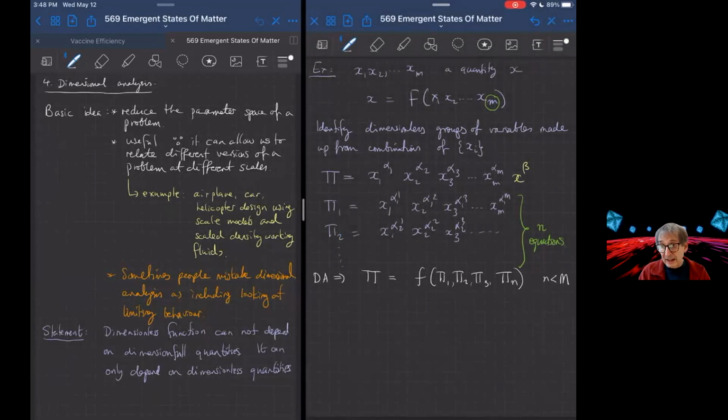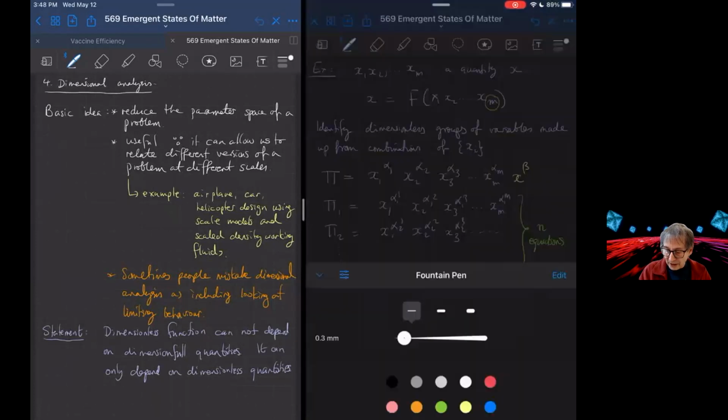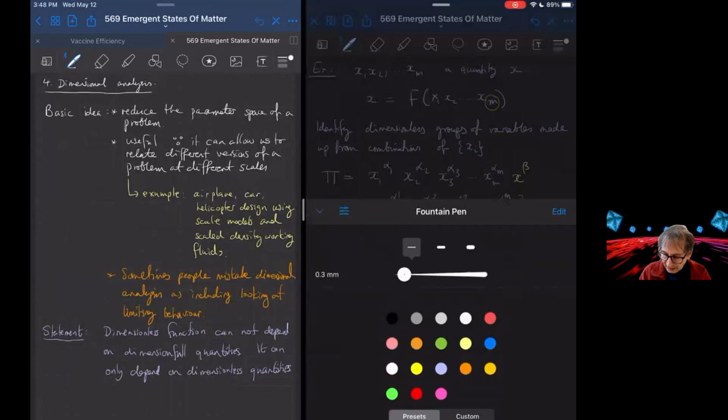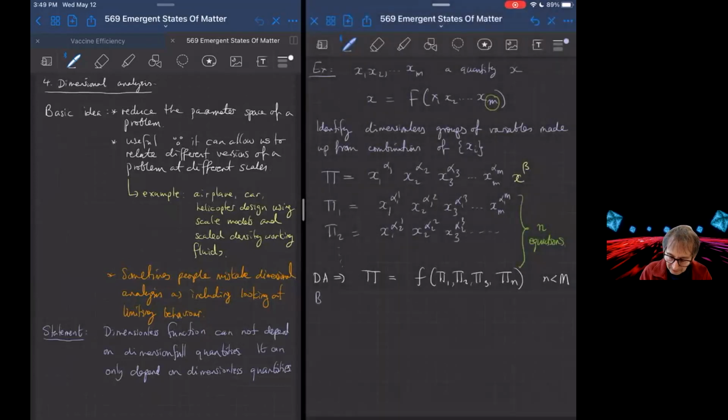And the formal justification of this is known as Buckingham's pi theorem. And it kind of tells you how many dimensionless groups one has.